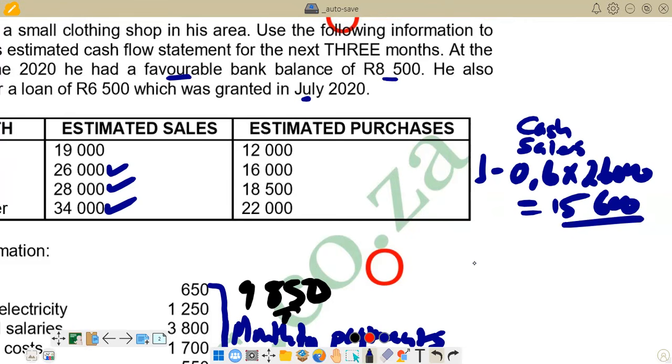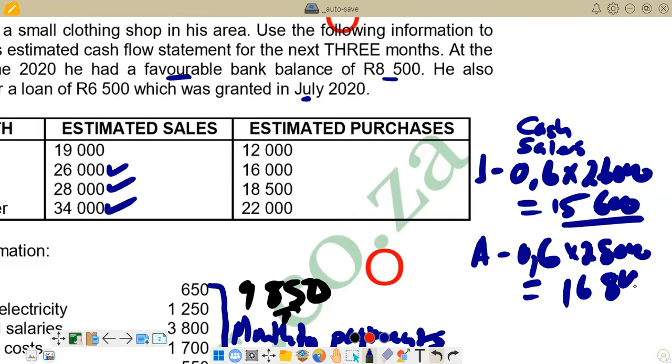Then we have August. August, we do the same thing, 0.6 times 28,000. If you multiply that for August, you get 16,800. This is August. Then we have September.